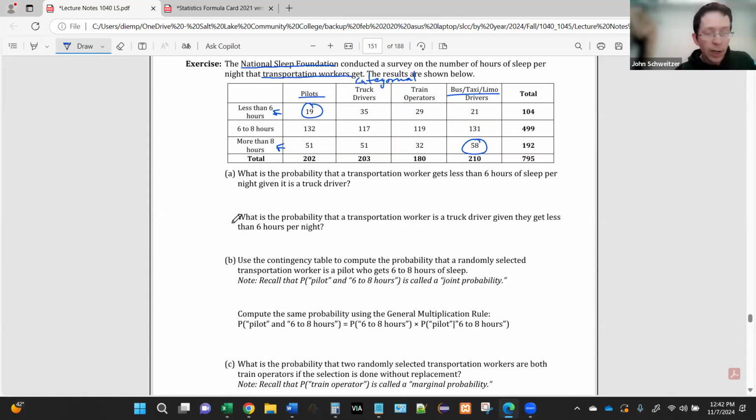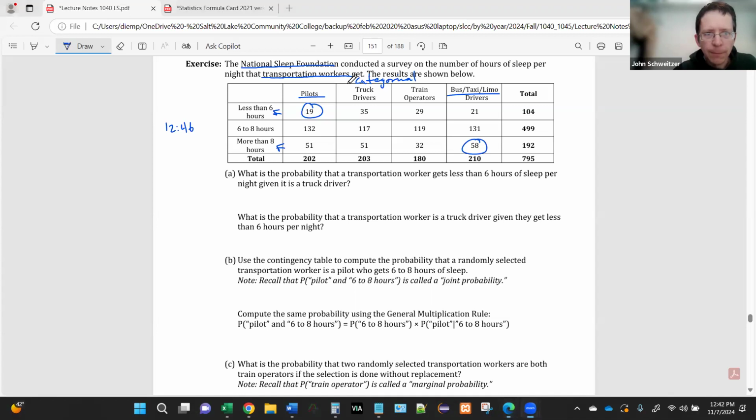I'll go quiet for maybe 3 or 4 minutes and let you work on some of these, and then we'll come back together and finish out today with a couple of these. I'll go quiet until about 12:46. Keep working. Any questions out there? All right, I'll just go quiet for a second.